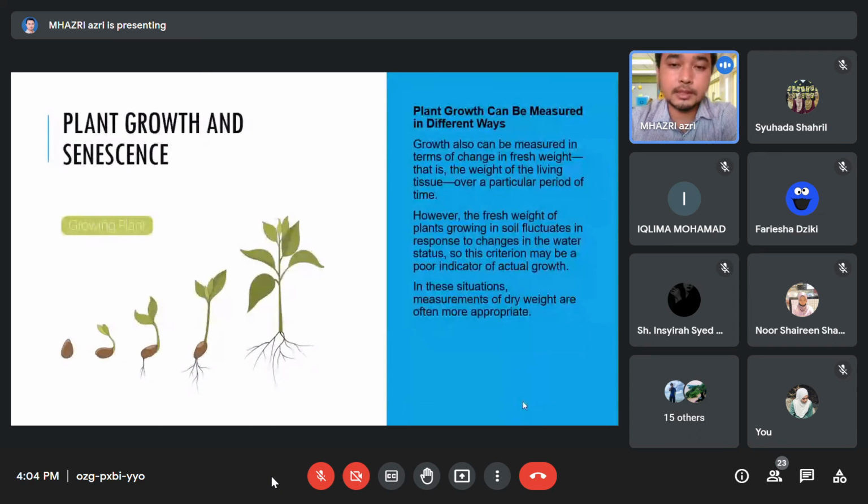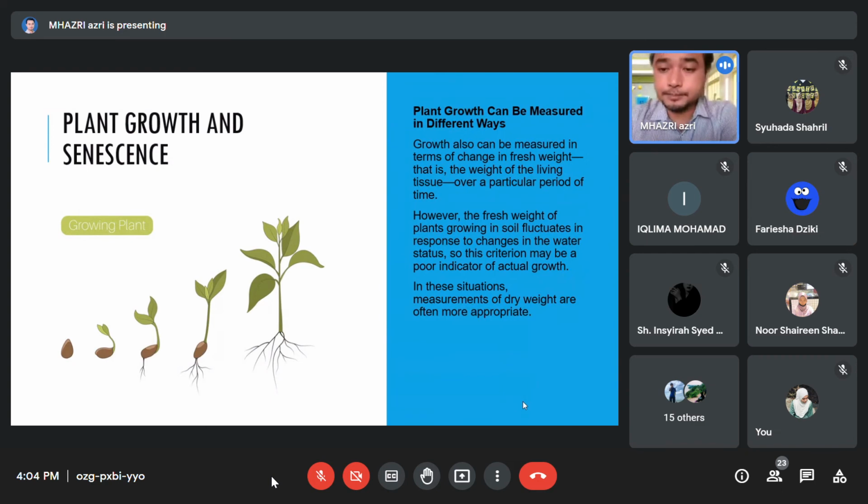Okay, for example, tadi bila kita measure volume in certain conditions, it will not give very accurate measurements. We can measure plant growth in another way by measuring its fresh weight.